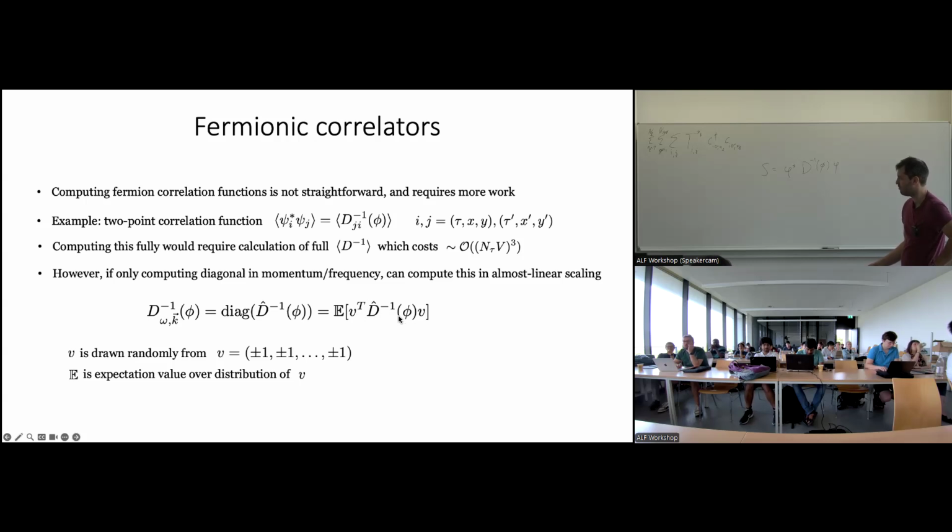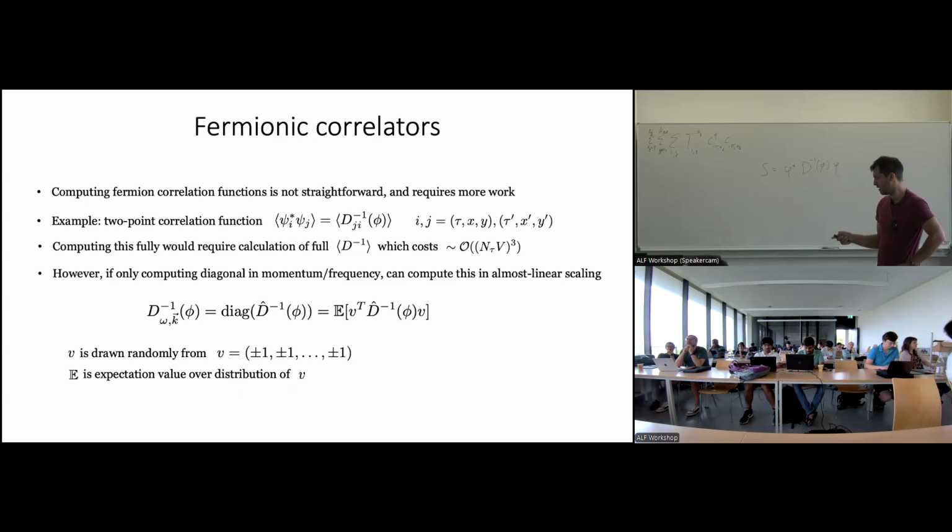So this is just some number, and then I compute this expectation value. So what is V? V is a random vector of plus and minus ones that's drawn from a flat distribution. And then E is the expectation value over this flat distribution of V's.